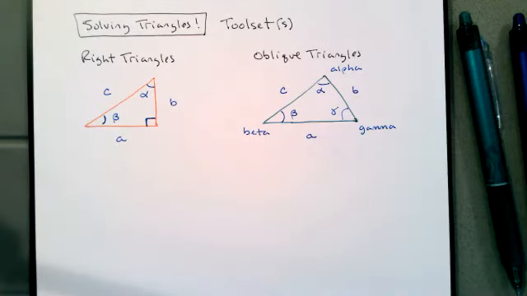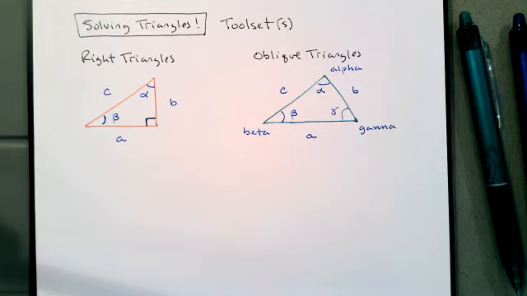Today we want to start being very systematic in how we go about solving triangles. That means classifying the triangles that we want to solve and identifying the tools that we have for solving triangles in either of these situations. The way we're going to break this down, and the way we've already started to solve these problems, is to look at these two big categories.